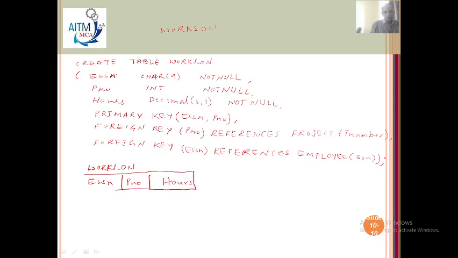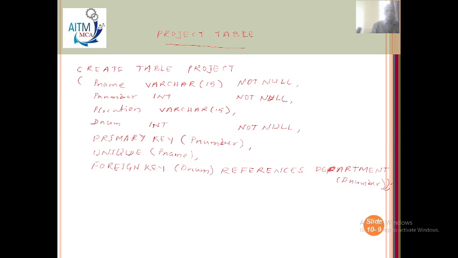These are the attributes of this works on table. Which is the primary key? ESSN number and project number are the primary keys. Got it?